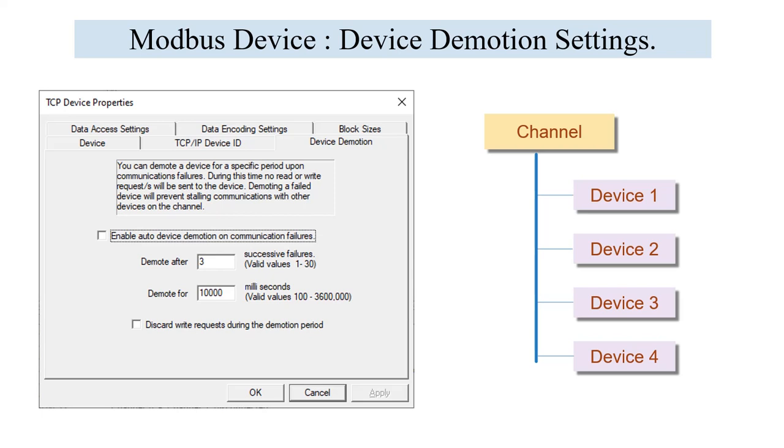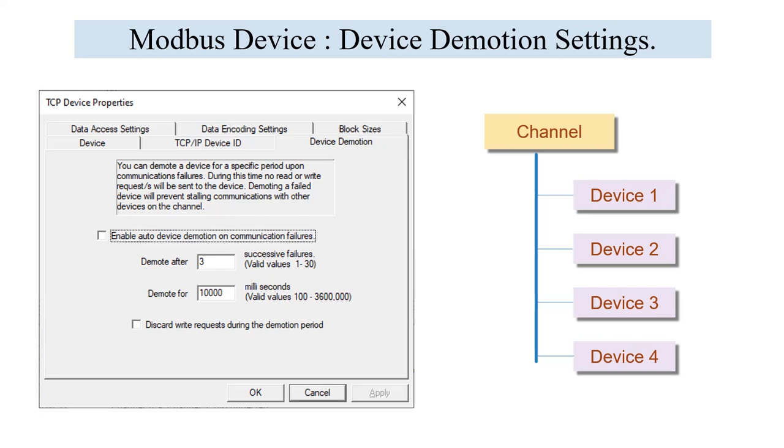Device will typically send back device busy error code to the driver during this time period. Device may get to its normal processing after brief busy period. These settings allow you to handle this situation.